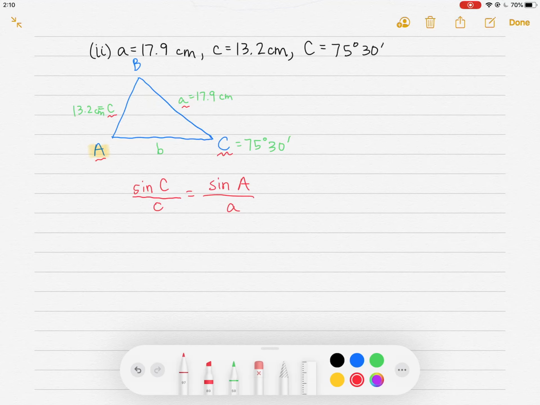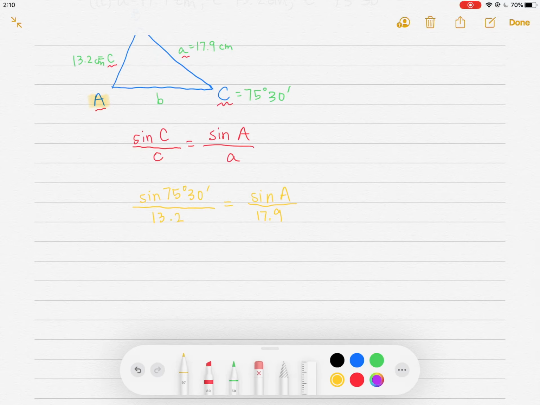Okay, so based on what we know, sine of 75 degrees, 30 minutes over our 13.2 is going to equal sine of, we don't know yet, big A over our 17.9. We just need to make this say sine A equals, and to do that, I'm going to multiply both sides by 17.9.